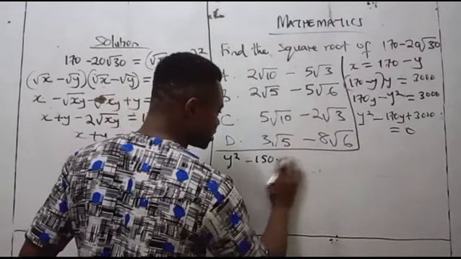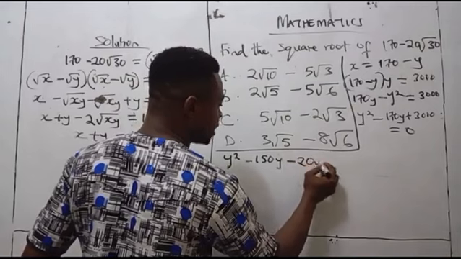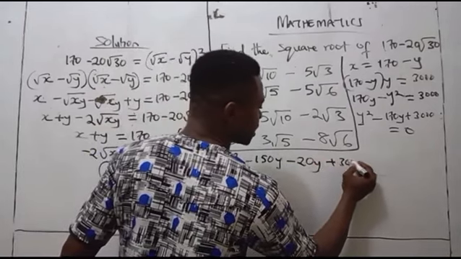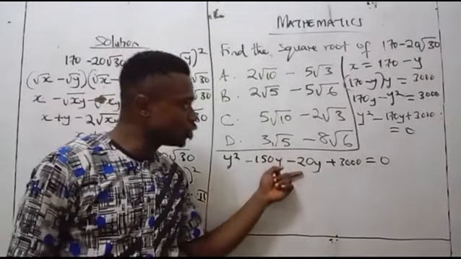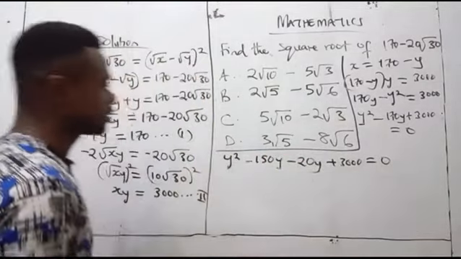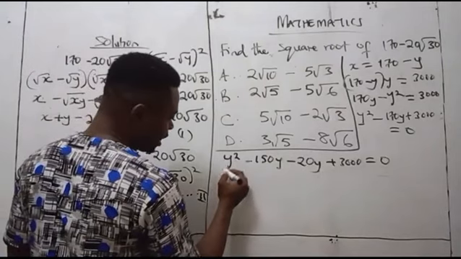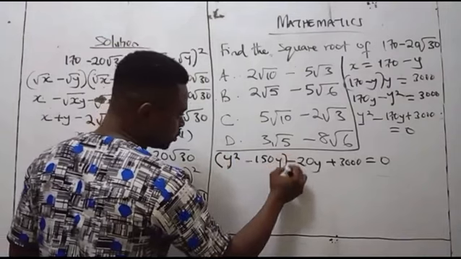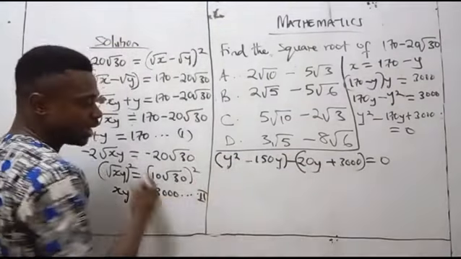So we have minus 150y minus 20y, plus 3,000 is equal to 0. I think this one is better. Minus 150y minus 20y is minus 170y, which is correct. So let us now factorize. If we factorize now, we put the brackets here, and we have something like this. So let's bring that y here.